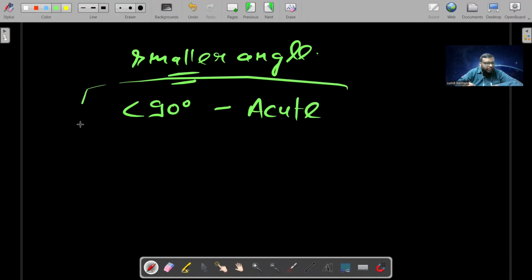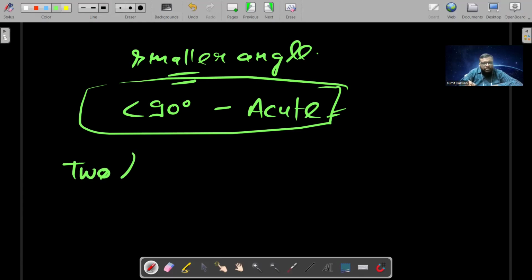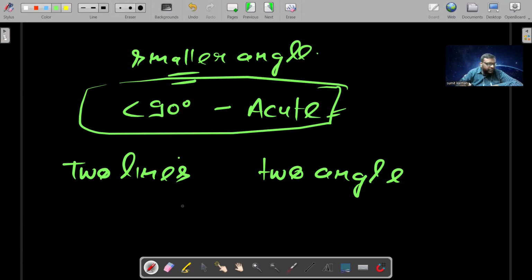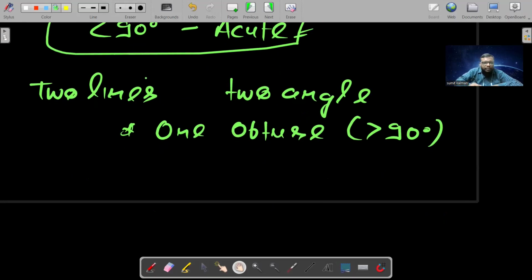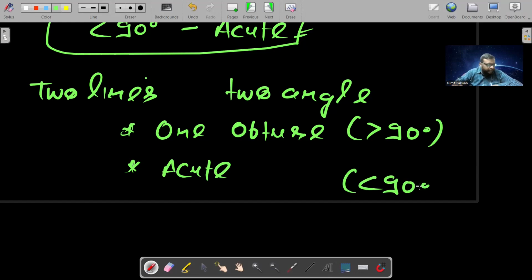So students, why do we take acute angle? As we all know that two lines always form two angles. One is obtuse angle, that is greater than 90 degree, and another is acute angle. Acute. It is less than 90 degree.